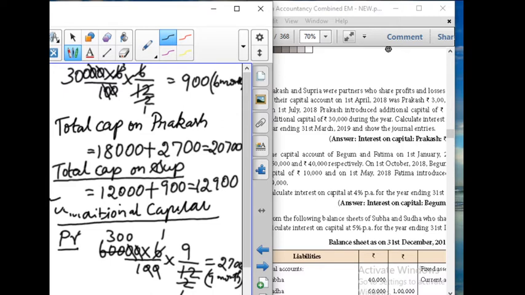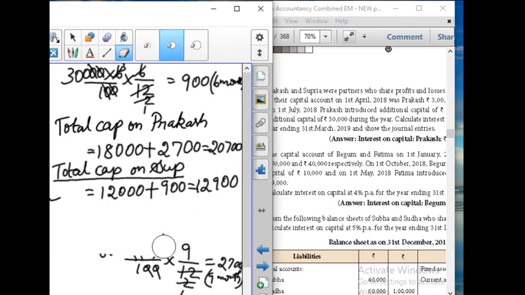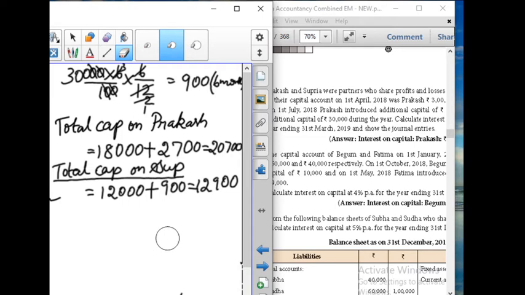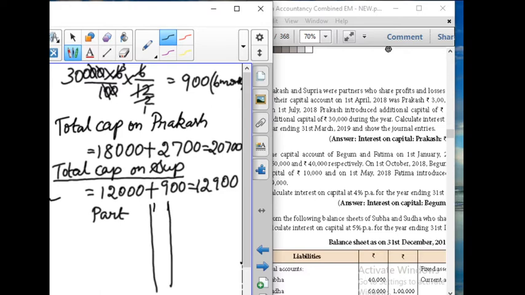So, we should show the journal entries. Particulars, date, debit, credit.